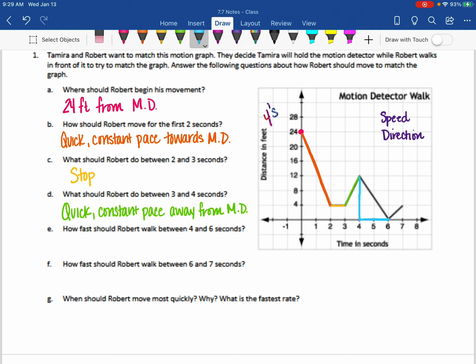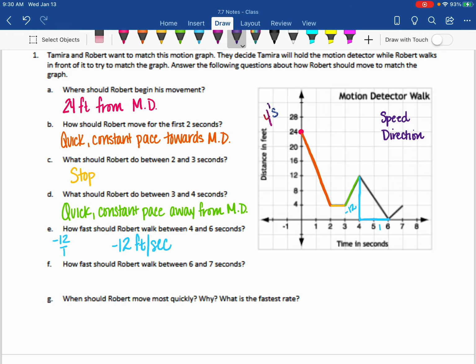So we need to think about that when we're counting our fall. So our fall is not 1, 2, 3. Our fall is 4, 8, 12. So we're falling 12 and running 1, 2 because our x-axis is counting by ones. Okay, so negative 12 divided by 1. The speed is negative, or the rate is negative 12 feet per second.